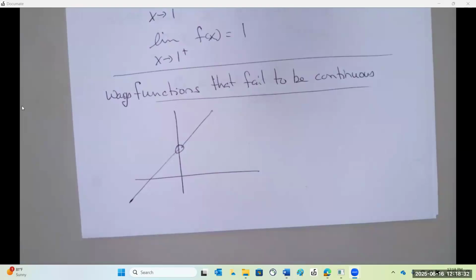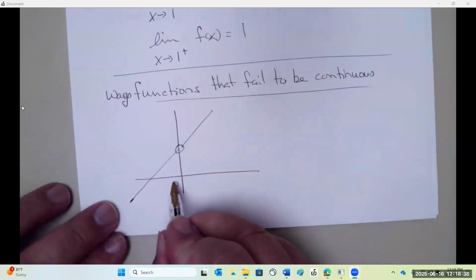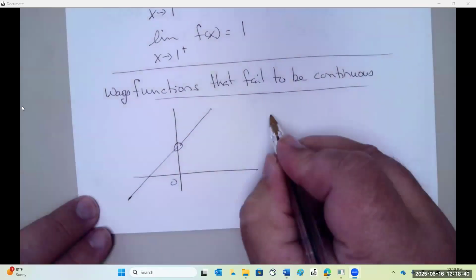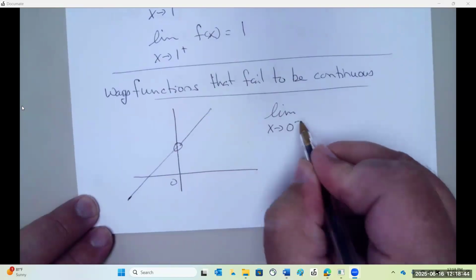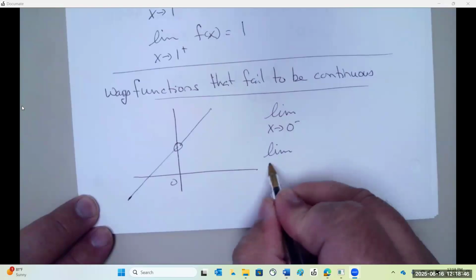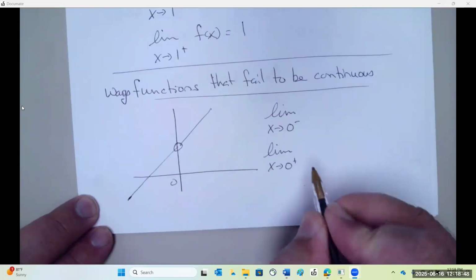Is that a continuous function? No, obviously not. Why? Because at 0, we have to go through all of these.